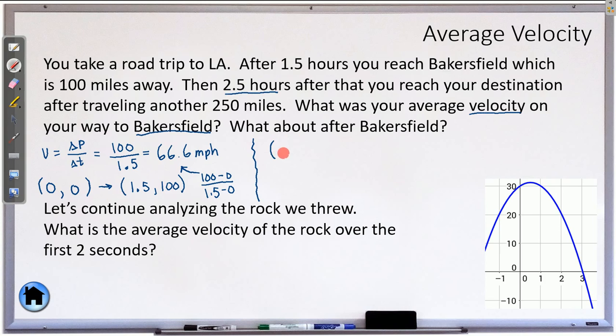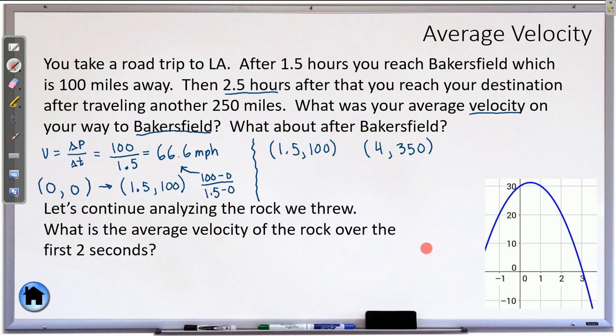We're going to start here at Bakersfield, 1.5, 100. 2.5 hours after that, we have been traveling for 4 hours, 1.5 plus 2.5. And you reach your destination after traveling another 250 miles. So if we traveled another 250 miles, we have now traveled a total of 350.